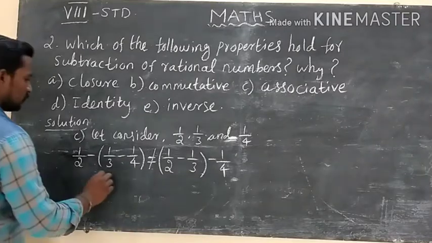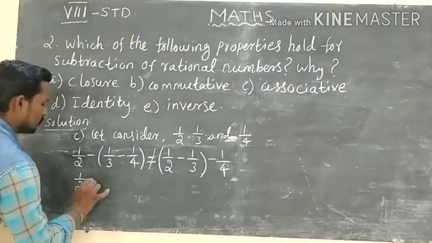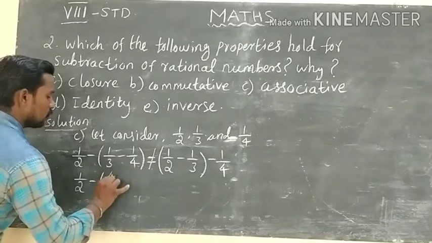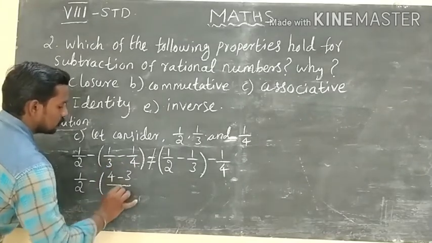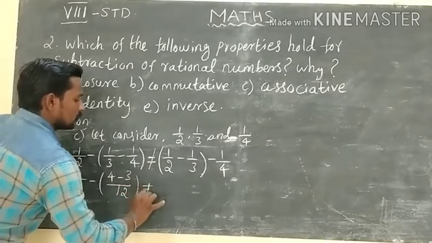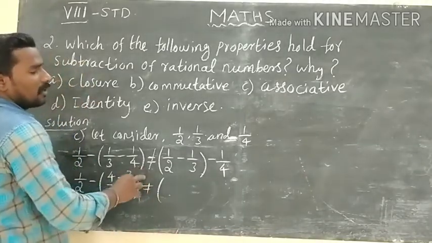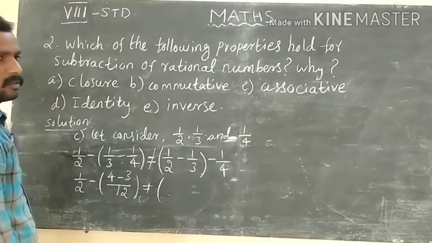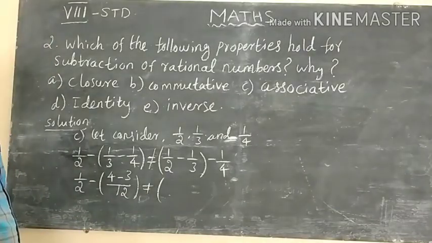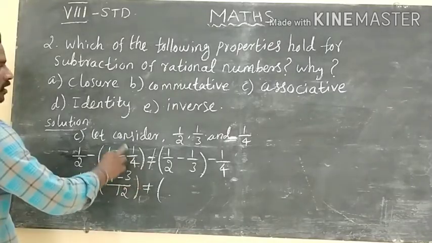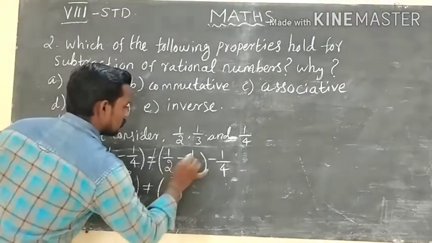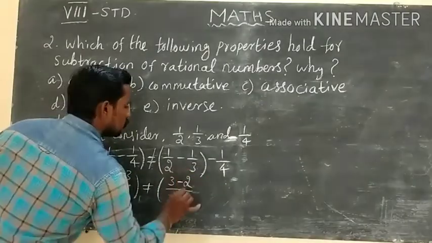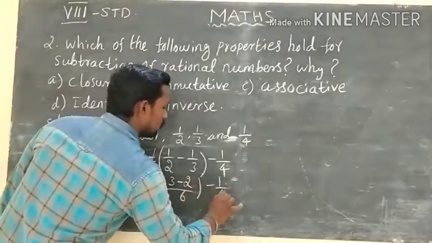How to check? 1 by 2 minus 1 4s are 4 plus into minus 1 3s are 3 divided by 3 4s are 12. So not equal. Directly I have taken not equal because I know the result, as you already know the result, because in the last class we discussed all the results. 1 3s are 3 plus into minus 1 2s are 2 divided by 2 3s are 6 minus 1 by 4.